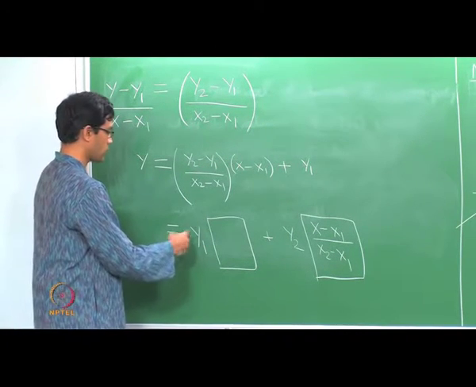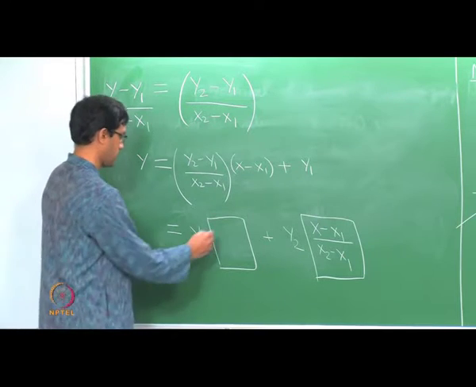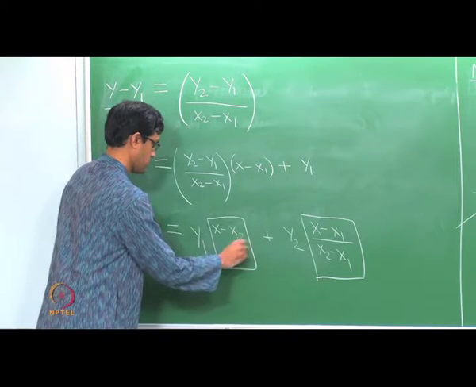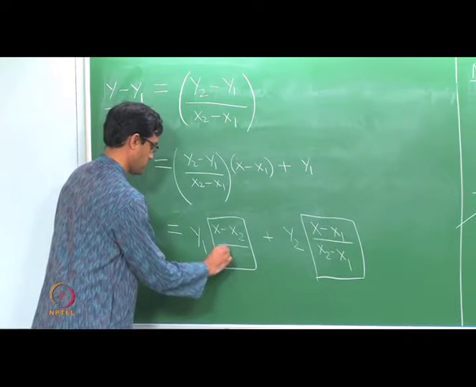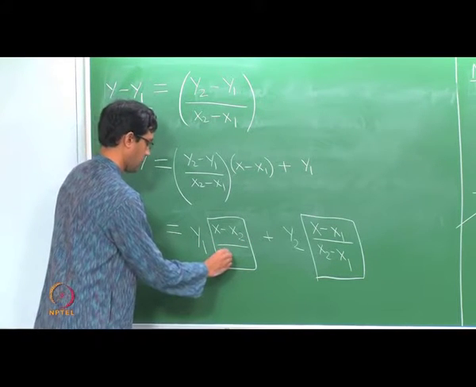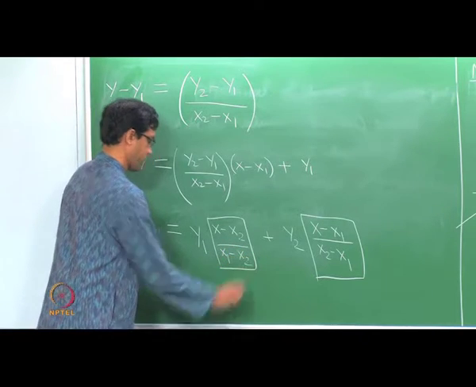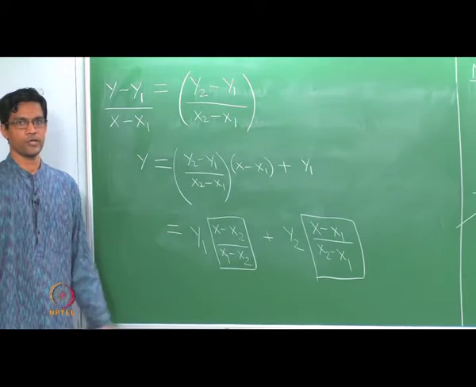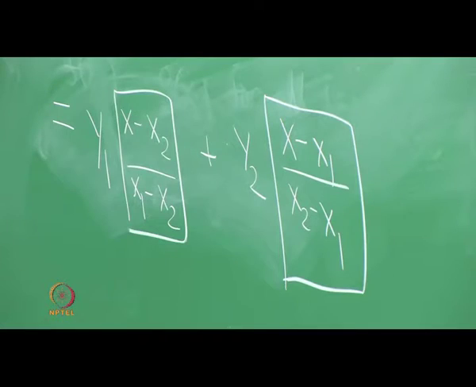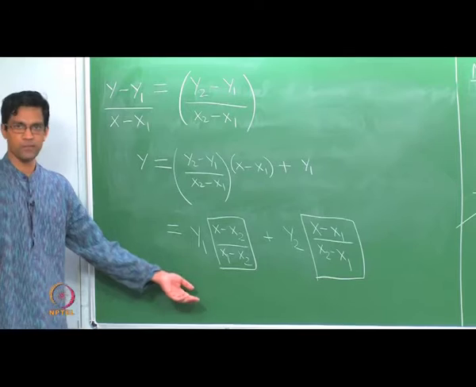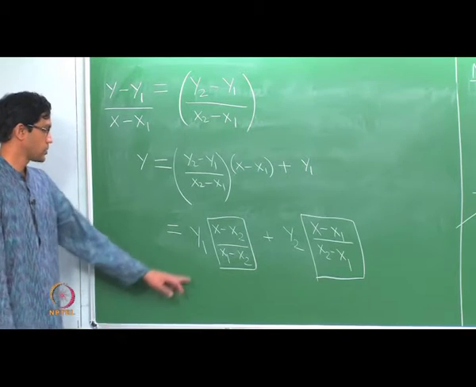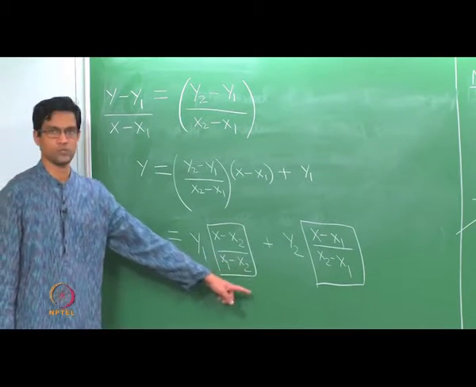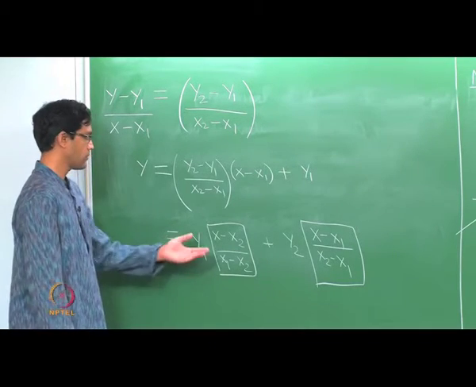So if you see what the y1 coefficient looks like, okay, here's another way of rewriting the same expression. I've just done a little bit of manipulation. You should check that this is correct. So it is y1 times (x minus x2) divided by (x1 minus x2). Okay. So that's the equation of the line.